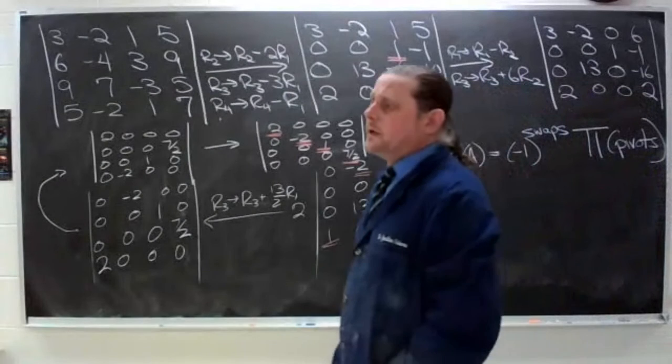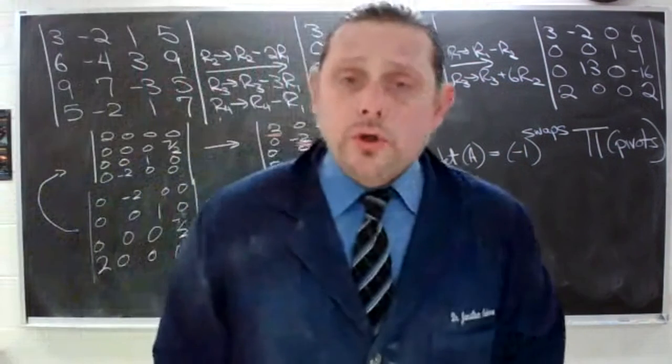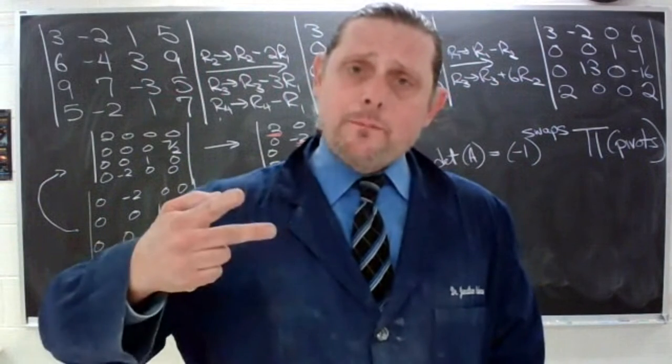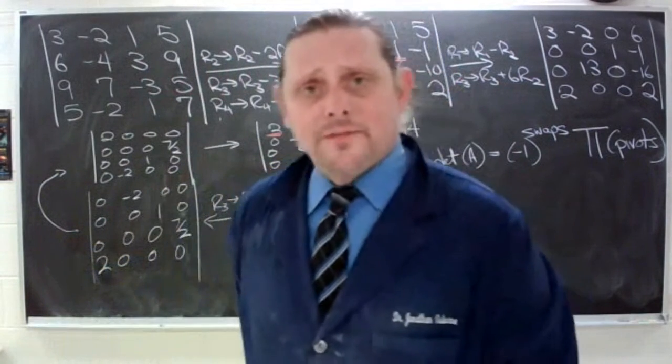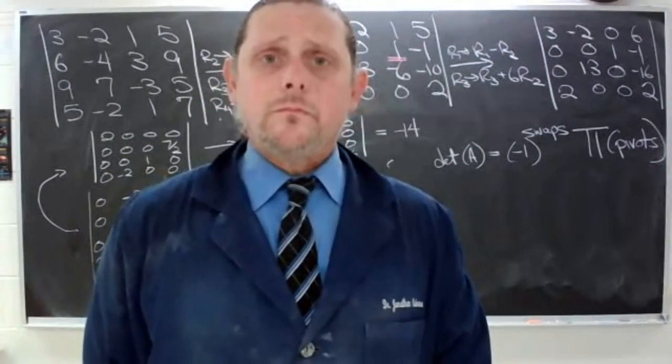So we can imagine taking the determinant as just a process of row reducing the matrix to the identity and keeping track of any swaps or scaling factors that we needed to use in order to do that.